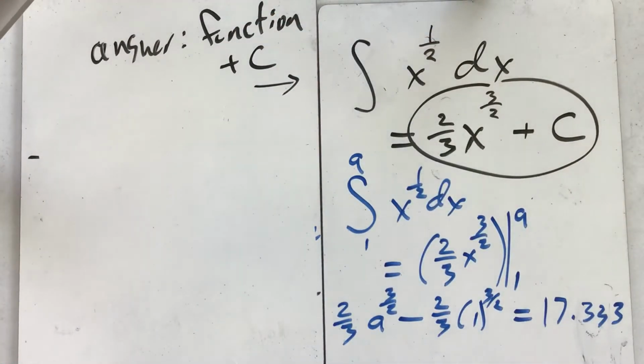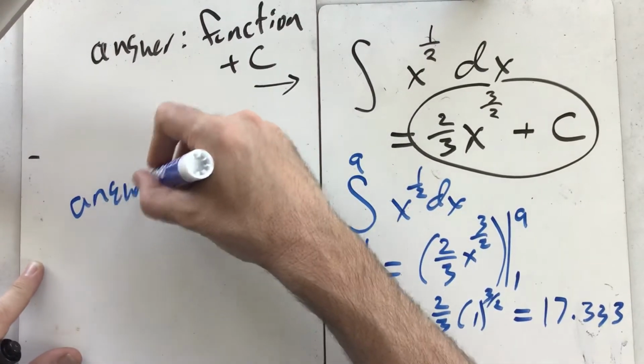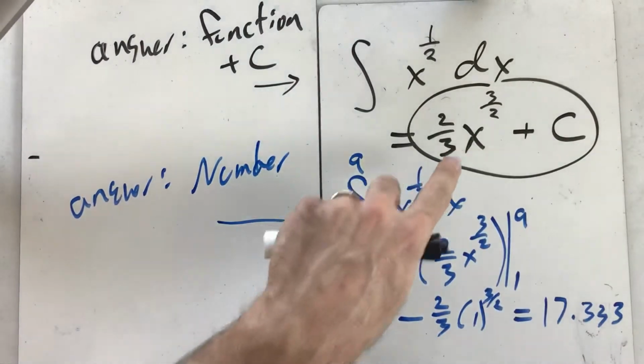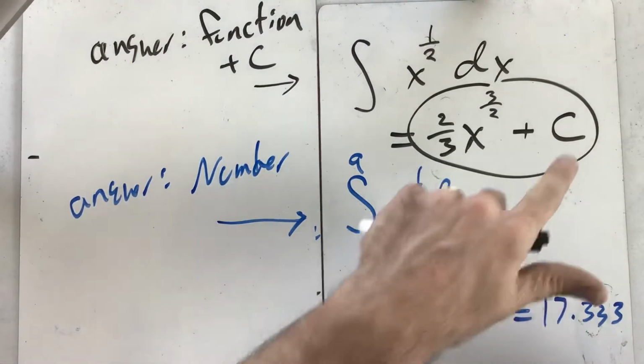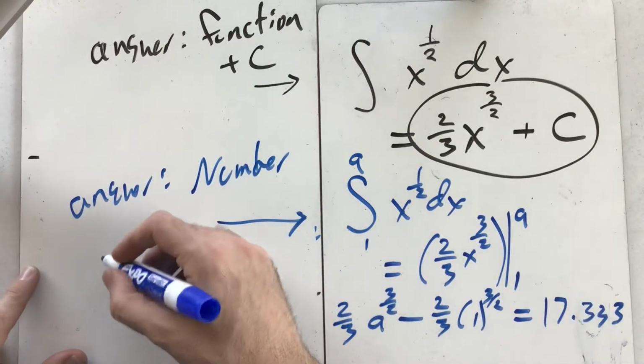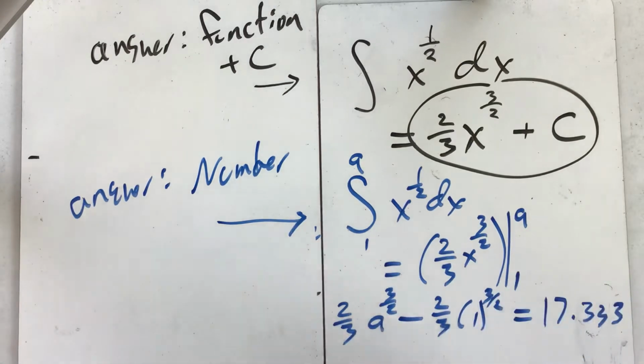That's a big difference. Here we just have a function, we stop and we circle it. Versus here, your answer is a number. Instead of stopping with that x and instead of including the plus c, we subtract the two. This is where you have your function with your a and your b going into it. So that's just a few differences between those.